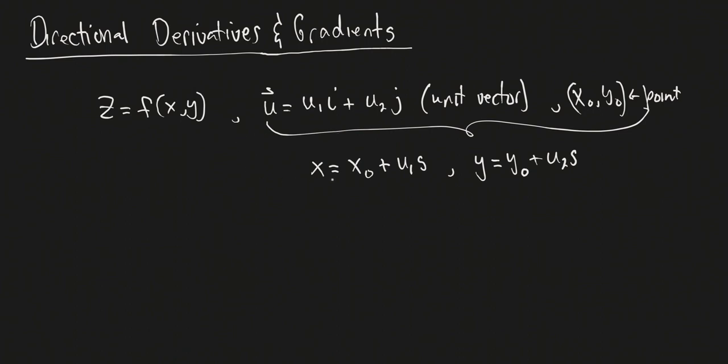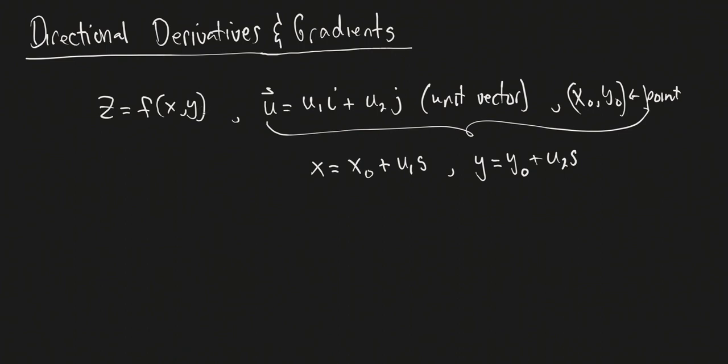And then what we ended up doing is we essentially evaluated the surface along this line, which is defined parametrically. And then we took the derivative of the resulting curve, and then we evaluated at s equals 0 to get the particular directional derivative.